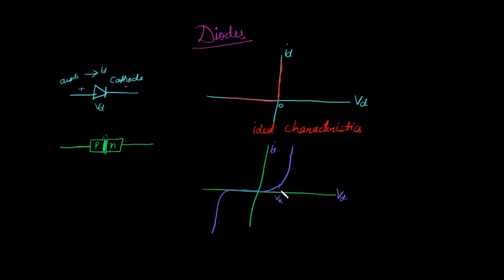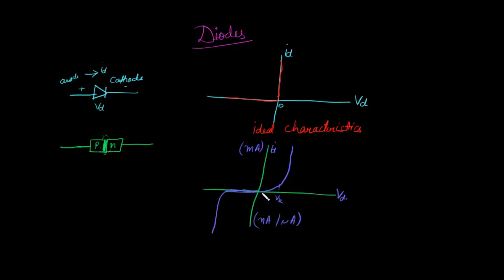As soon as the forward voltage reaches V knee, the current starts to rise exponentially. In the reverse region, we can see that this current is very small. If in the forward region its range is in milliamperes, then in the reverse region its range is in nanoamperes or microamperes.